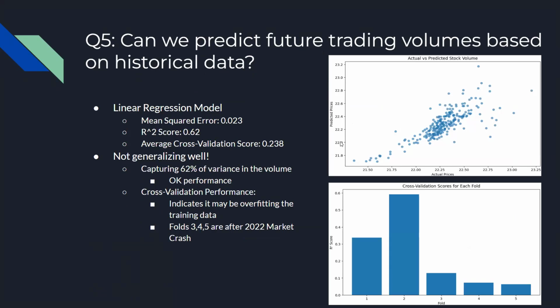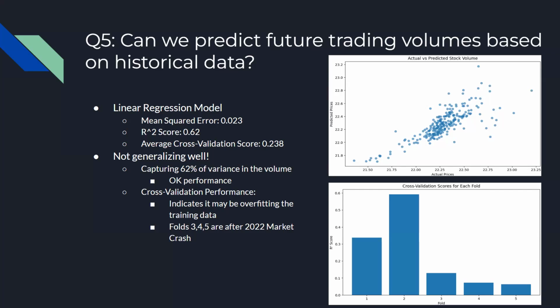Okay, so with our linear regression model, we got a mean squared error of about 0.023, an R squared score of 0.62, but our cross-validation score is 0.38. Cross-validation pretty much takes the R squared score between different time periods in your data set. So you can see on the testing data, it has an R squared score of 0.62.